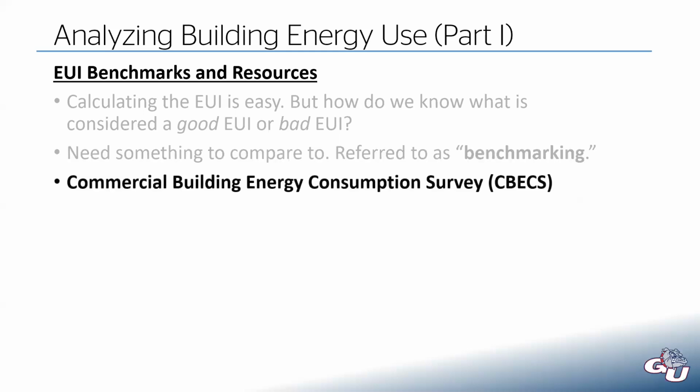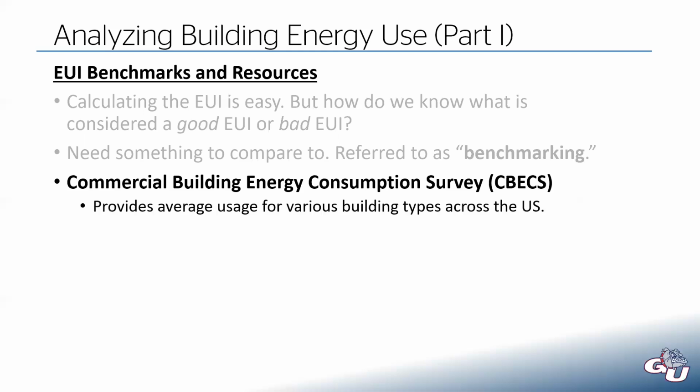One of the most common sources is the Commercial Building Energy Consumption Survey, which you might remember from, I think it was the first lecture, where I had a pie chart for an office building that showed on average where all that energy use went. And that came from CBECS. And what CBECS gives you is the average use for all kinds of building types across the United States.